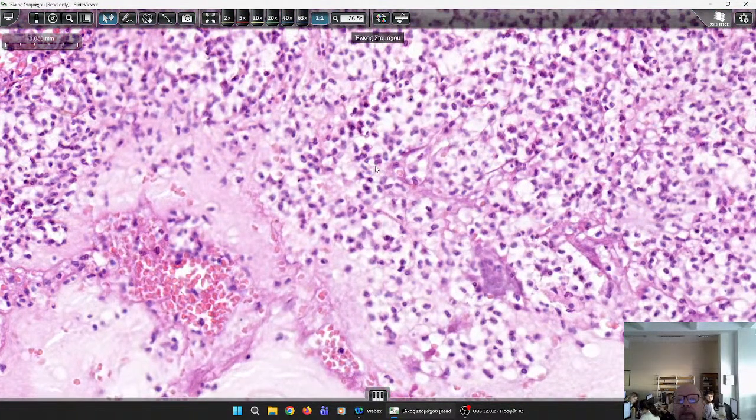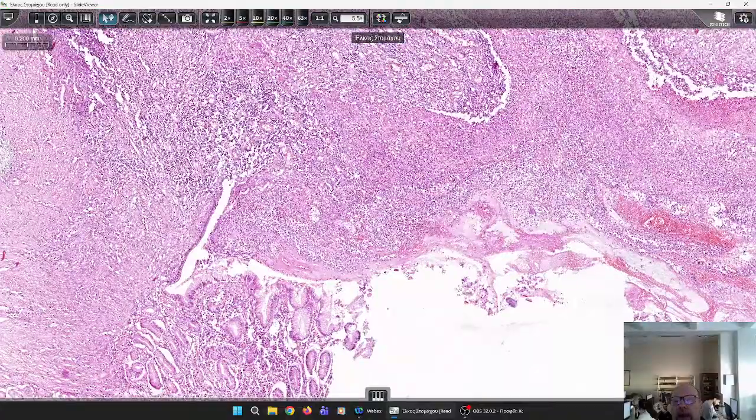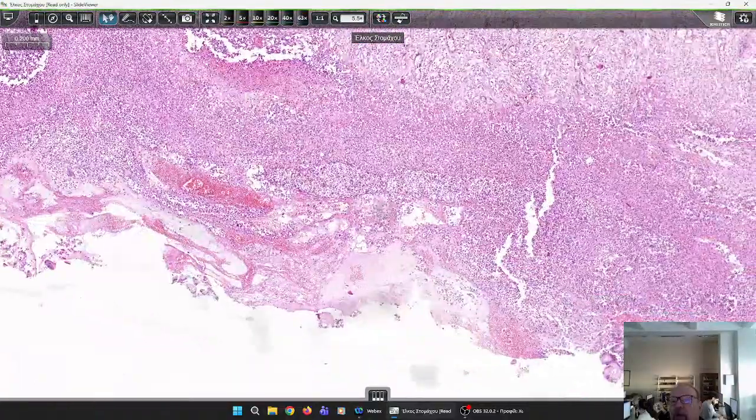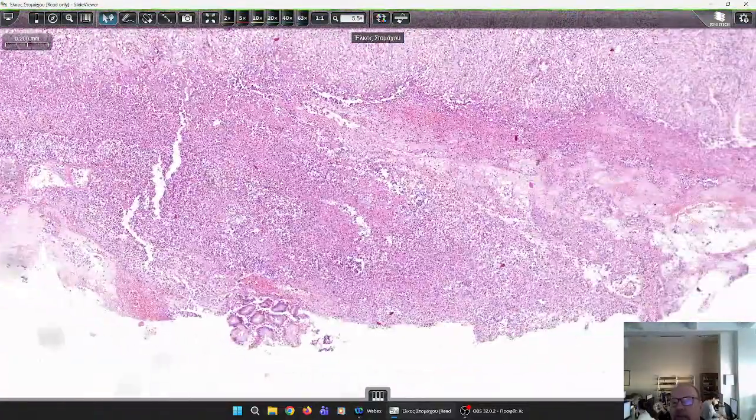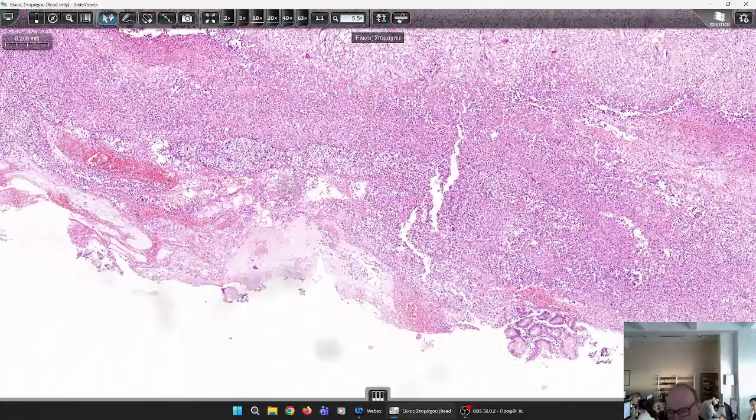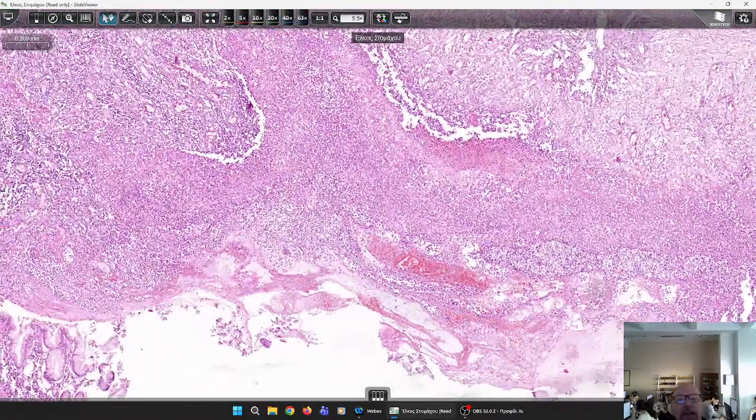Here we have many neutrophils. That's why I call it a purulent, fibrinopurulent exudate in this area of destruction, of the severe damage of the gastric mucosa throughout its thickness.